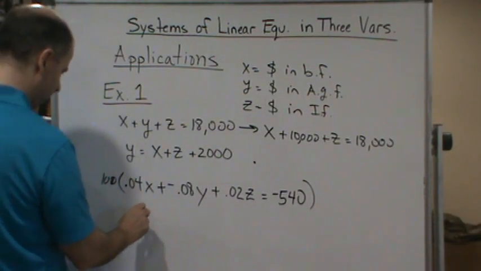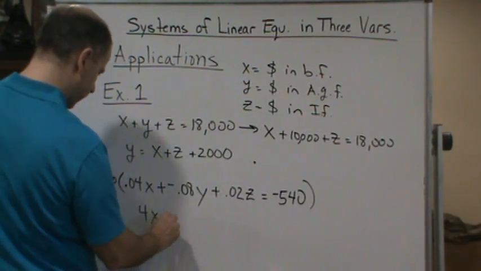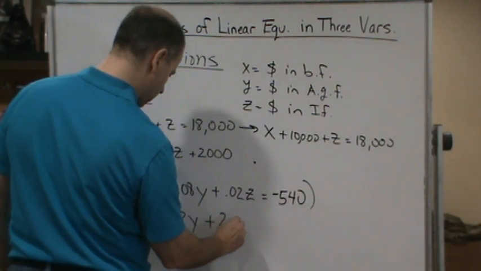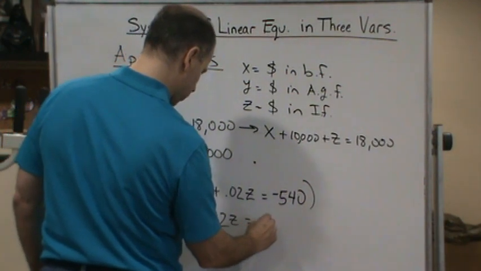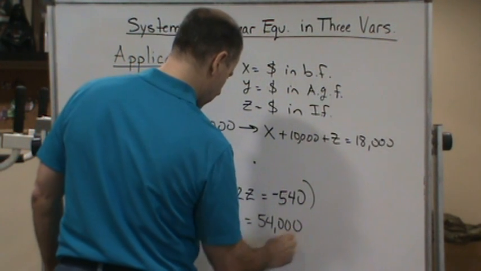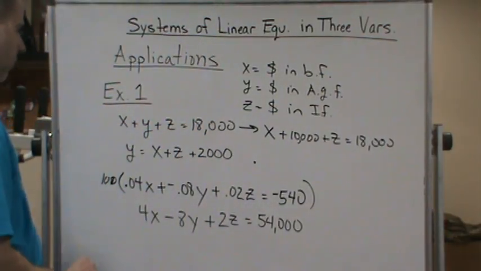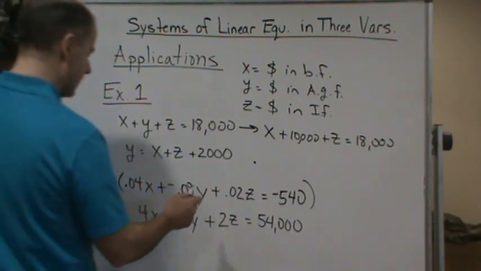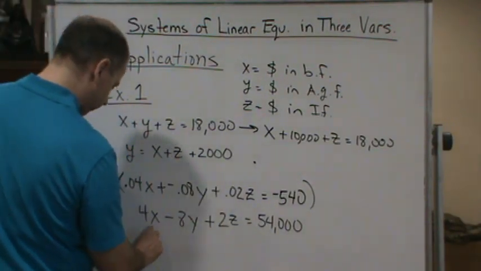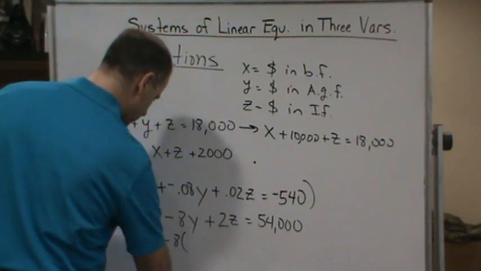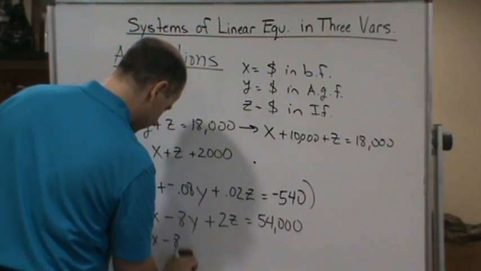And what do we get? We get 4x minus 8y plus 2z equals 54,000. And now let's plug in 10,000 for y. So we get 4x minus 8 times 10,000, which is 80,000.